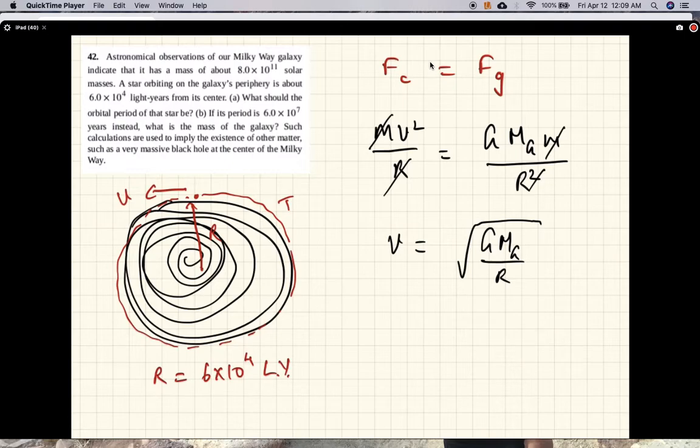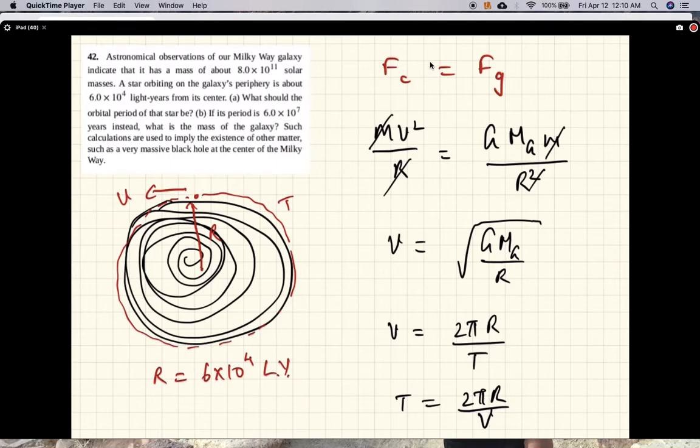And what should the orbital period be? Velocity is the distance over the time taken, 2 pi r divided by the period. So the period is 2 pi r divided by velocity.